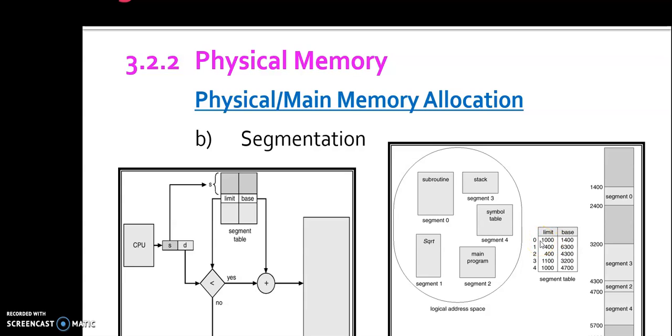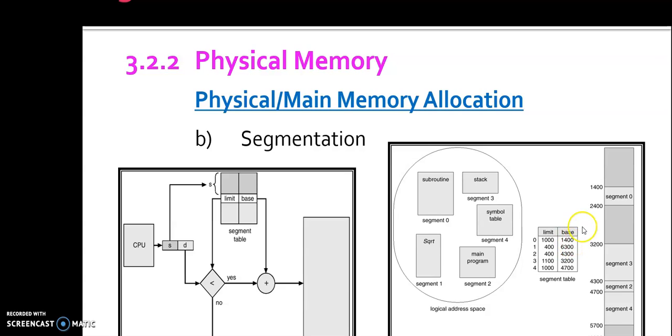Let's say the CPU requires the files from segment 0. So the operating system will first look at the segment table to find out where in the physical memory segment 0 is. Segment 0 has a limit of 1000, and the base address is 1400.